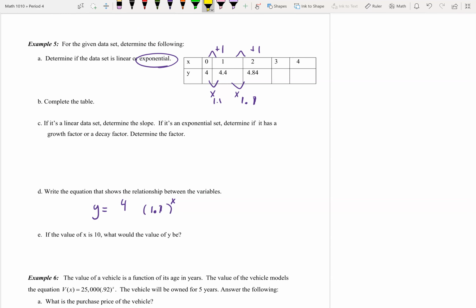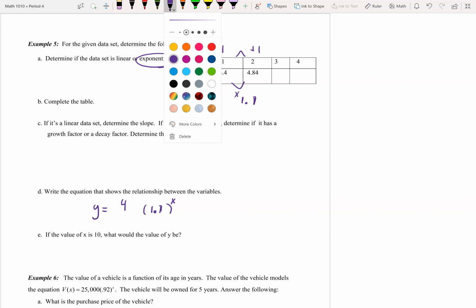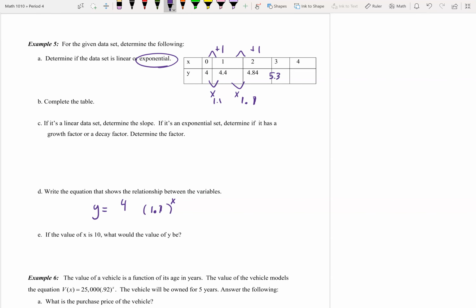Now, you can get the next ones 2 different ways. I'm going to show you both ways. Grab your calculator. Everybody have your calculator in your hand. And punch in 4.84 times 1.1. When you do that, you get 5.324. Who says I see that? Okay, now stick right with me.